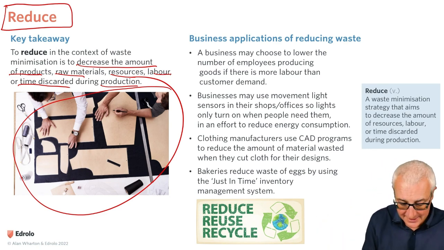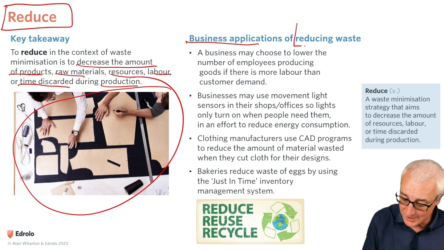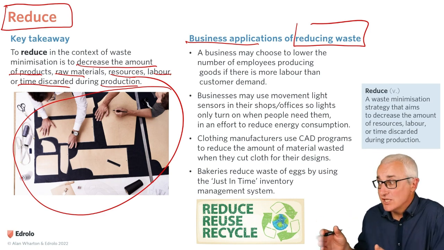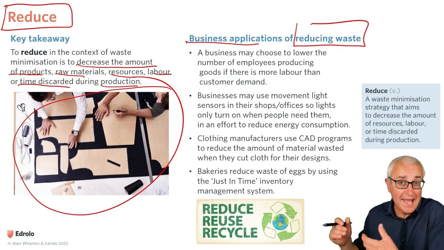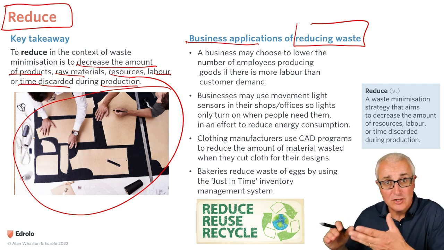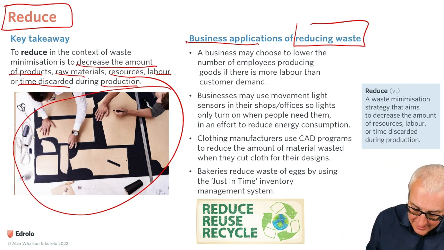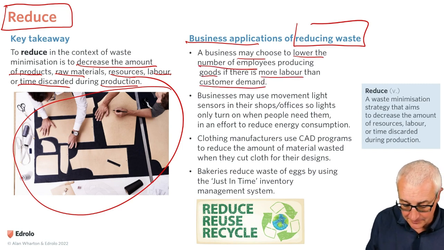So there's lots of business applications of this idea of reducing waste. Firstly, remember, one of the areas of waste could be labor. If we find we've got too many staff, then we just need to reduce the amount of staff on that production line or on that shift, and that will reduce wastage. A business may choose to lower the number of employees producing goods if there's more labor than customer demand.